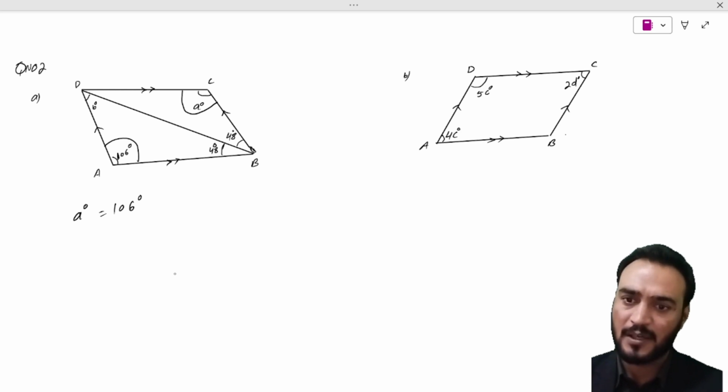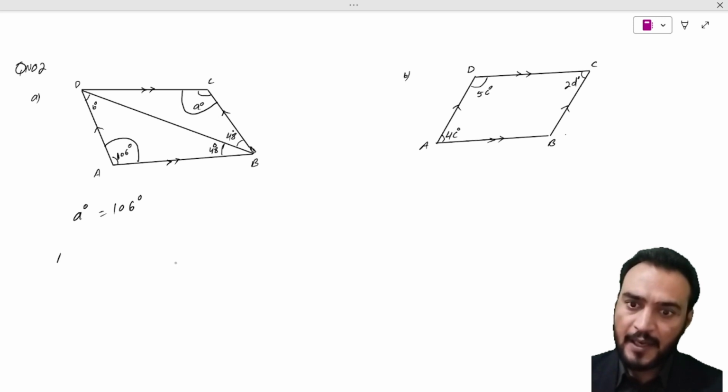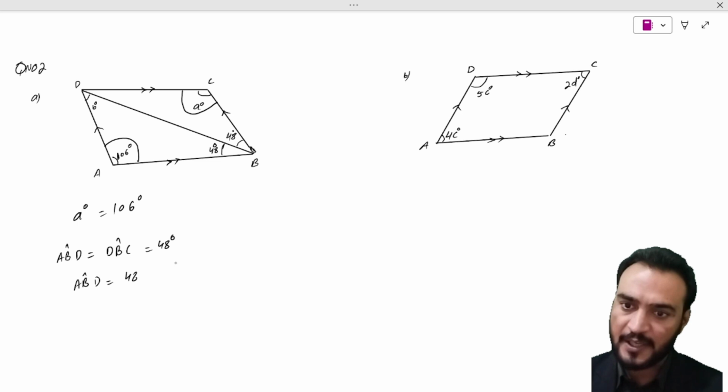As a diagonal bisects the interior angle, let us write it as angle ABD is equal to angle DBC, which is equal to 48 degrees.